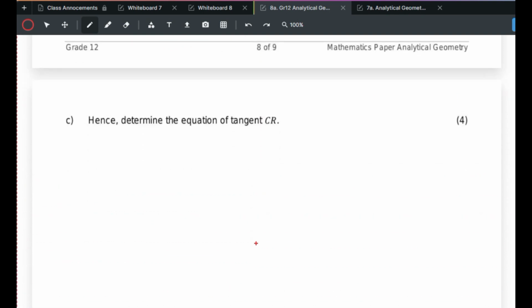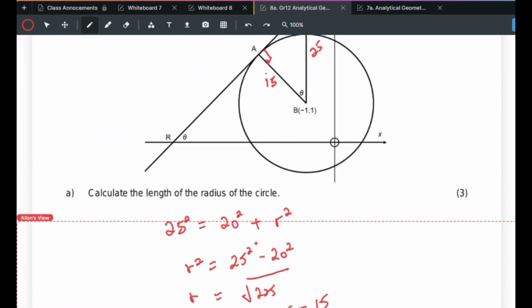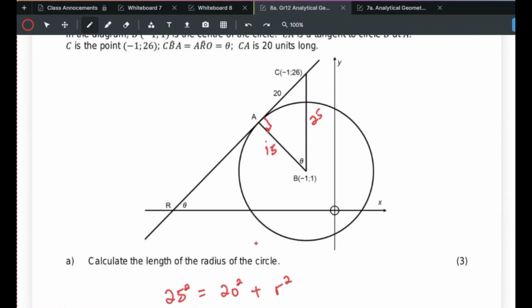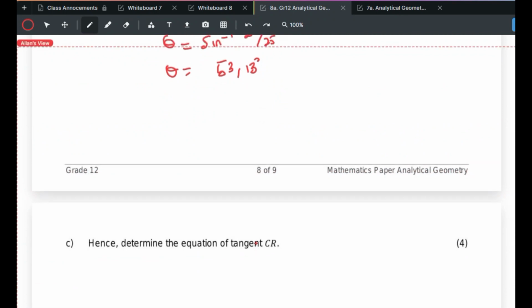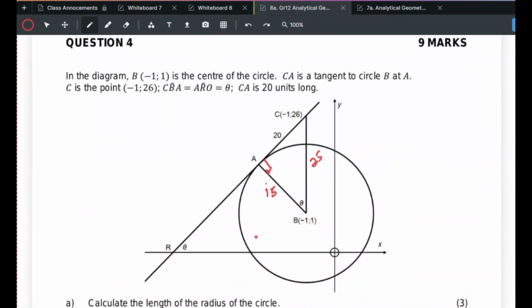And the last question: hence determine the equation of the tangent CR. What they say, hence, just means continue from the previous question. You get the gradient because now theta is 53.13. Exactly. Tan theta equals gradient.